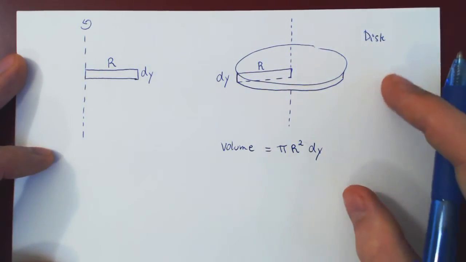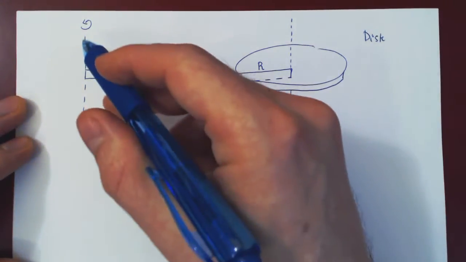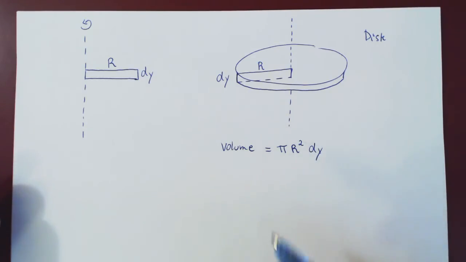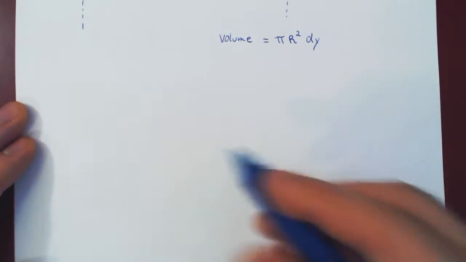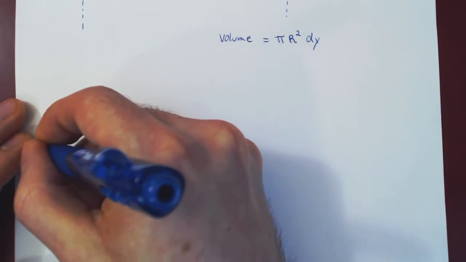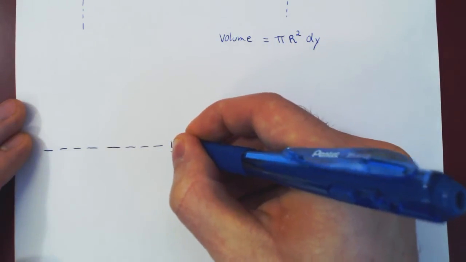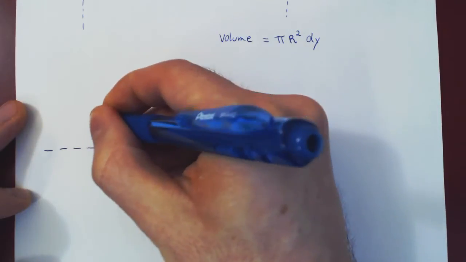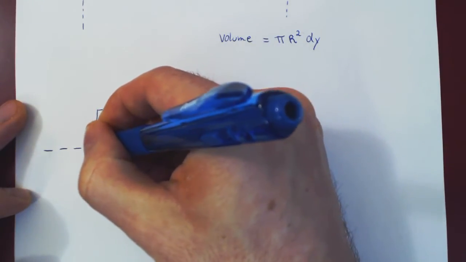And that's it. Now try to imagine the same problem if the axis is horizontal. And let's see how this will affect the formula for the volume. So now we consider a horizontal axis of revolution. The rectangle again is positioned perpendicular to the axis, touching the axis of revolution.